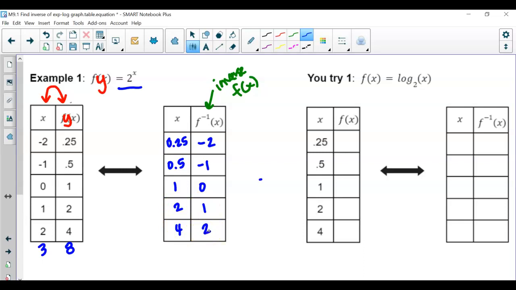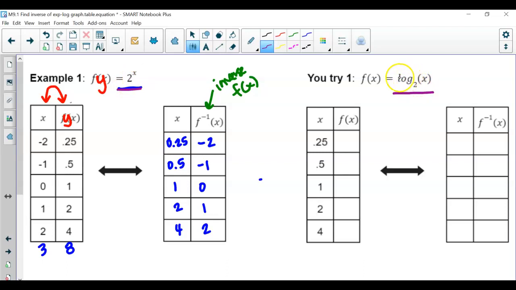So here in this You Try, first off, notice how you have the inverse of this function here, because remember, exponential and log are inverse functions. Notice how you have that base 2 here.